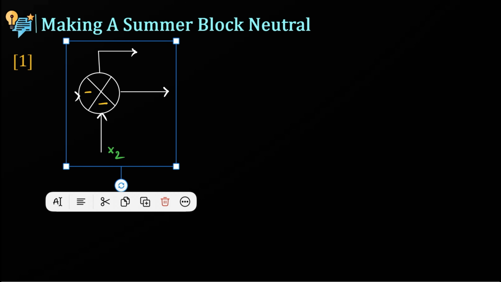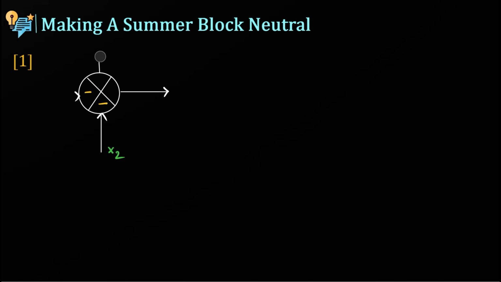Now let us try to make a summer block neutral. How will we make a summer block neutral? Let us say I have x1 and x2 as inputs and output y. Making a summer block neutral means inside the summer block I should not find a negative sign. In order to make it neutral, the signs must always be positive.